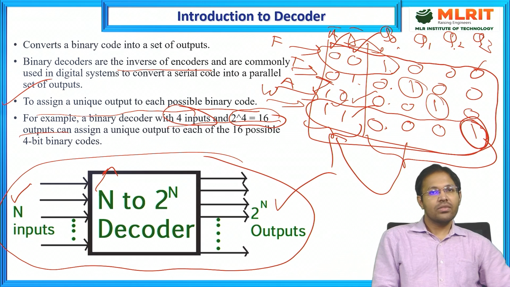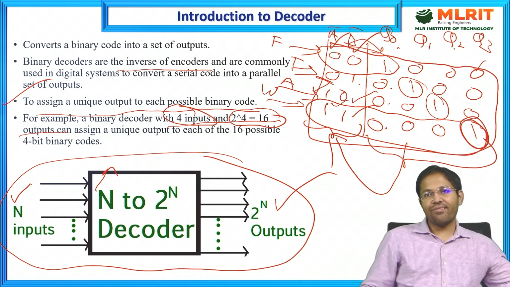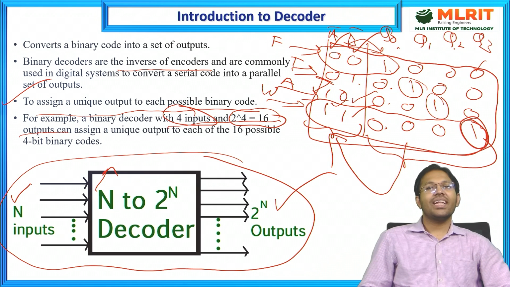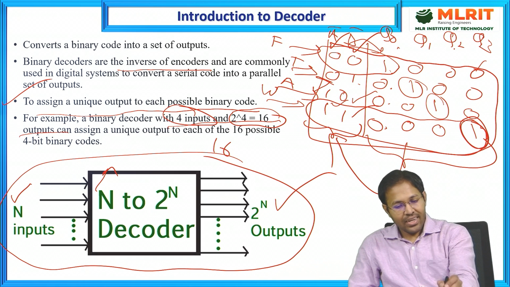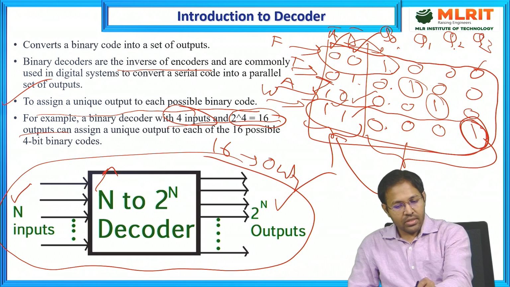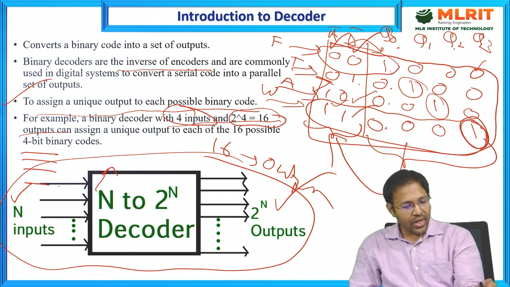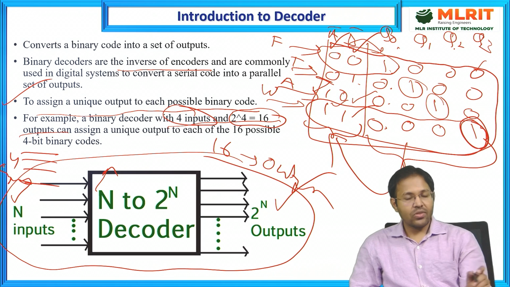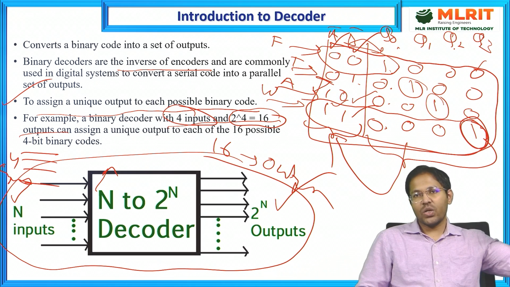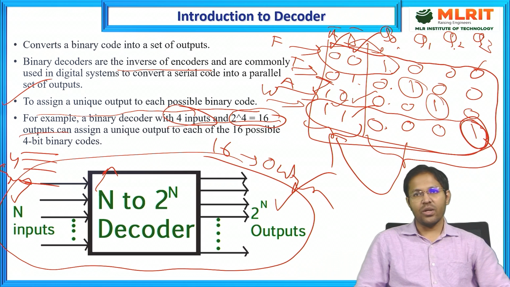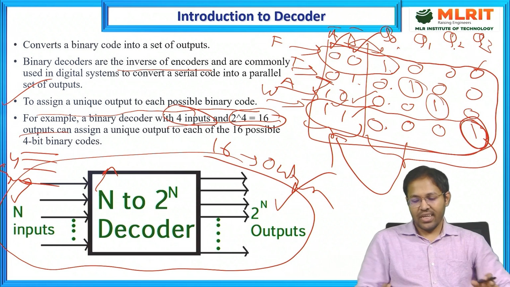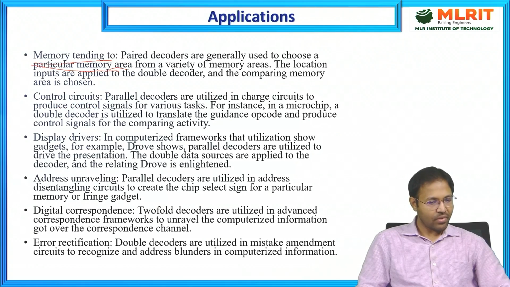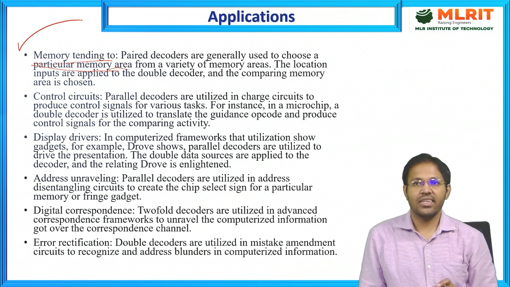So it compresses the number of lines going into any logical block. If you want to control 16 outputs, it is enough to send 4 inputs. The advantage is that we don't need too many terminals going into the integrated circuit. It helps in easily managing the integrated circuit. That is the advantage in terms of memory.